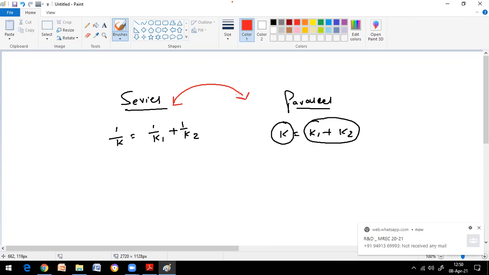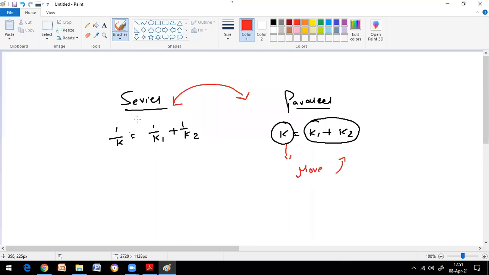If you want to choose for your application the connection with more stiffness, which will you choose, springs connected in parallel or in series? Parallel. Why parallel? Because you get more stiffness, which is the summation of the two individual stiffnesses.